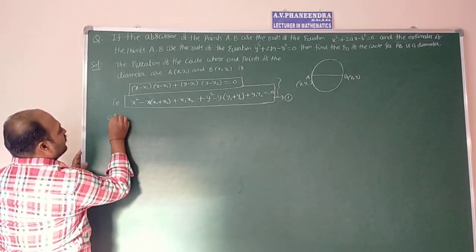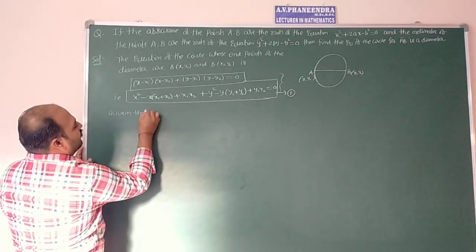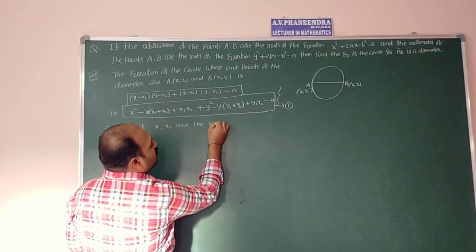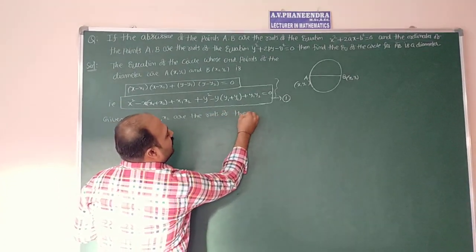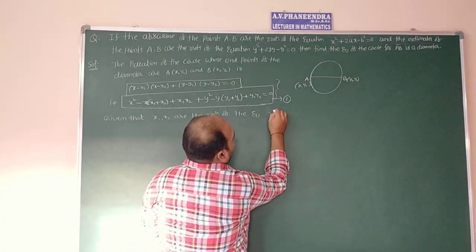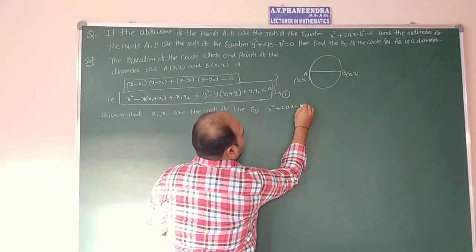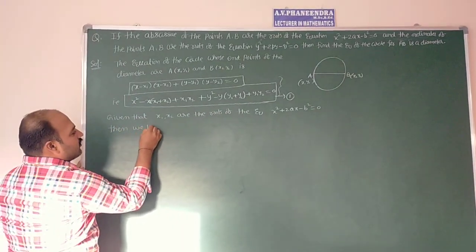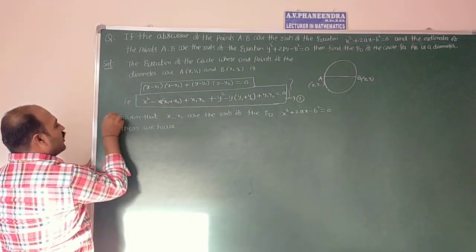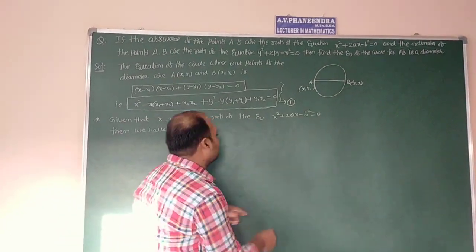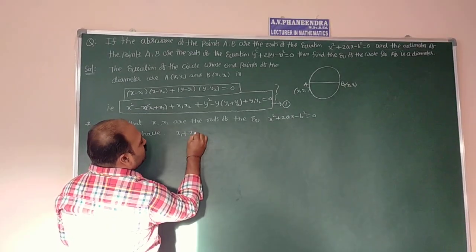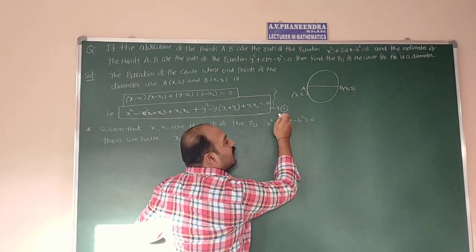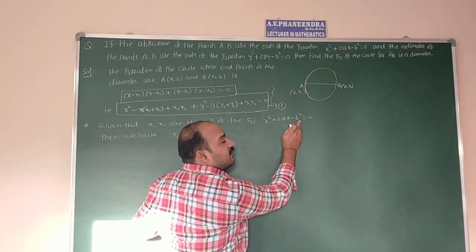Given that x1, x2 are the roots of the equation x squared plus 2ax minus b squared equal to 0, then from the quadratic equation we use the sum of the roots and product of the roots. Sum of the roots is minus b by a. Compare with ax squared plus bx plus c: here the b value is 2a, the a value is 1, the c value is minus b squared.